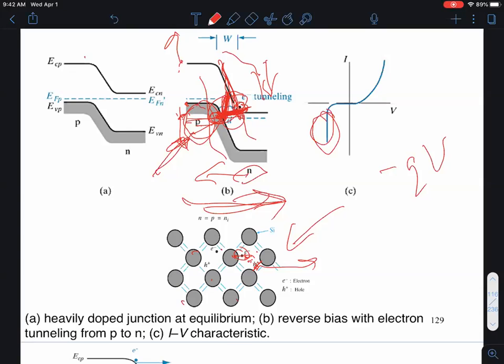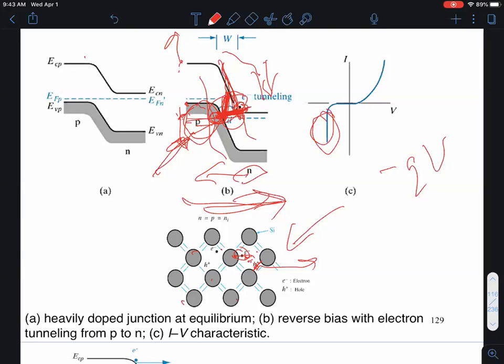So who can tell me if you'd have more or less tunneling in germanium with a band gap of 0.7 versus a silicon PN junction with a band gap of 1.1? Which would break down earlier, a germanium diode or a silicon diode? Germanium. Very good, because it's got a lower band gap.